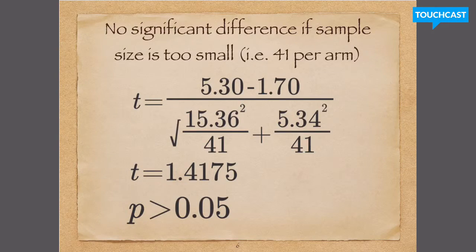So she has completed her study and she has got similar results, which is 5.3 viral load for dengue fever and 1.7 viral load for dengue hemorrhagic fever.